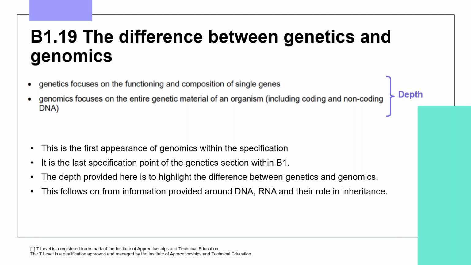Now the depth provided here is specifically just to highlight the difference between genetics and genomics, with genetics focusing in on the functioning and composition of single genes, whereas genomics focuses on the entire genetic material of an organism, including coding and non-coding DNA. Now this follows on from information provided around DNA, RNA, and their role in inheritance within B1.